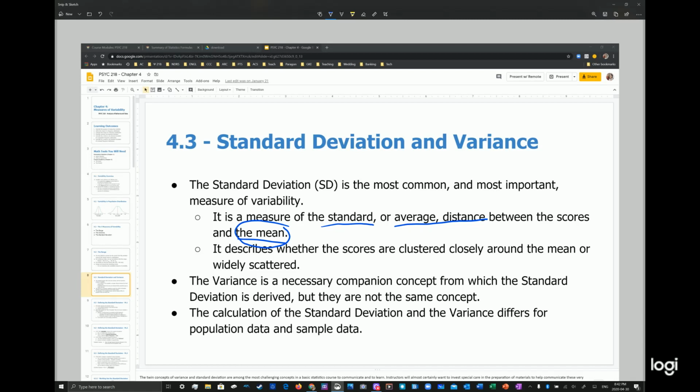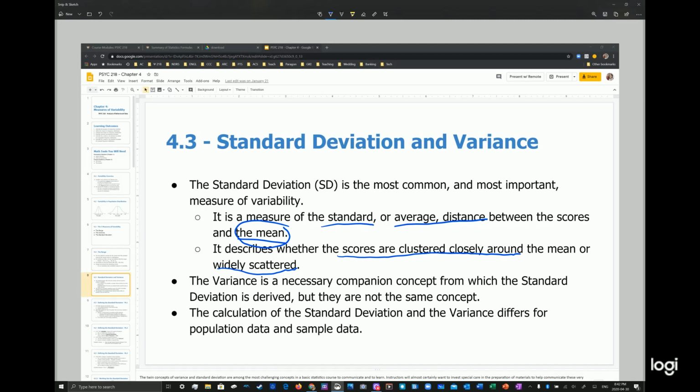And when we know all the scores, as we should, or at least ideally, as often as possible, it is a good measure of central tendency. And it will give us a good reference rather than just maximum and minimum or any other score. It also tells us whether the scores are closely clustered together around the mean or they're widely scattered.